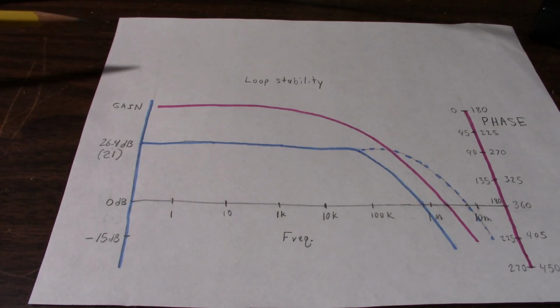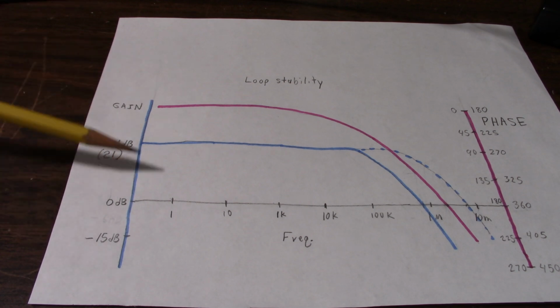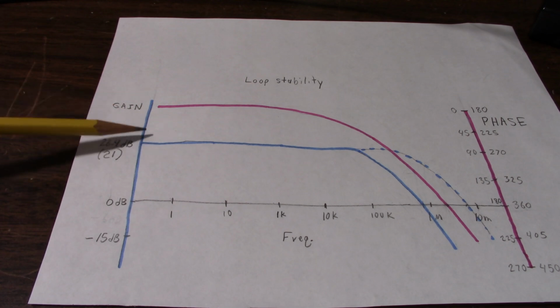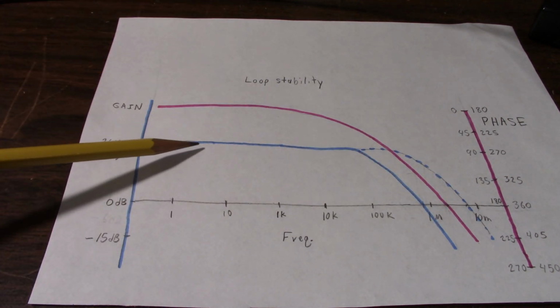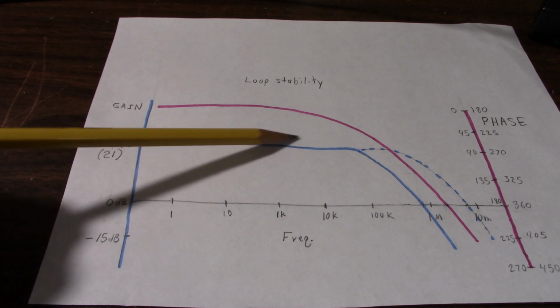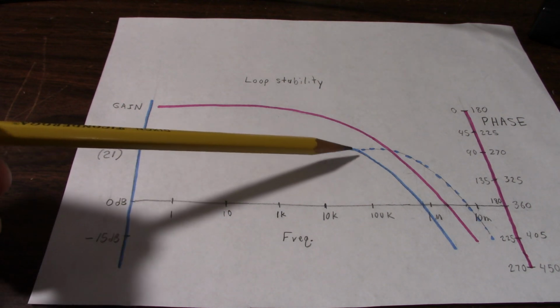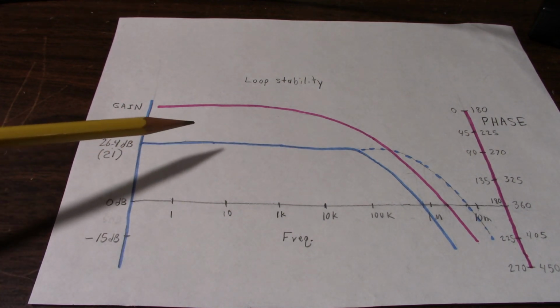Okay, so now I have another graph drawing of loop stability. On this side we have the gain of the amplifier in decibels, and that corresponds with the blue lines. I'm showing two amplifiers, the solid blue line amp and the dotted blue line amplifier. In this region they have the same gain, so they're overlapping.